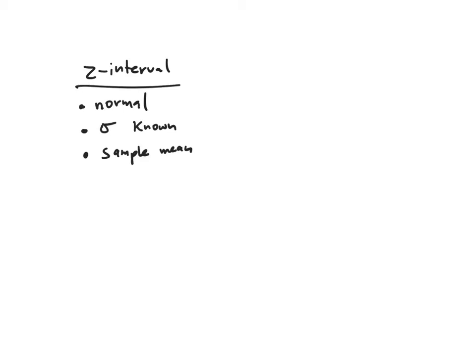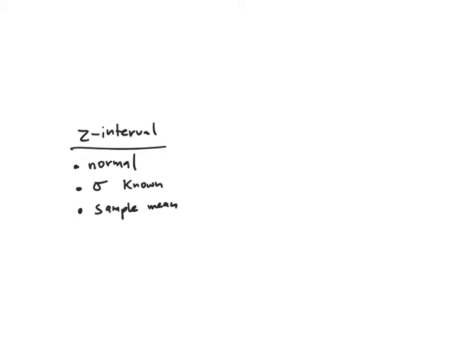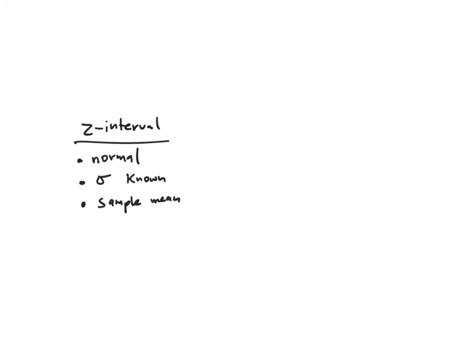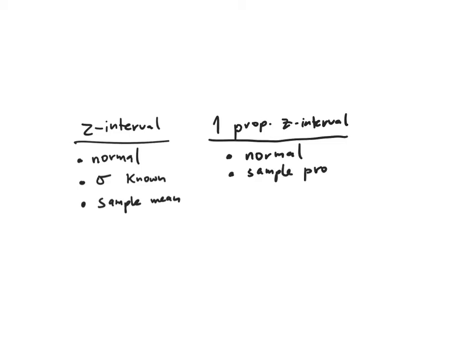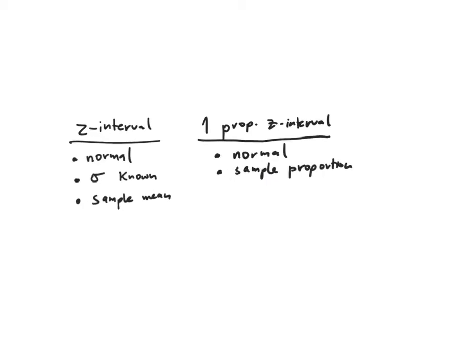Okay. The other one I mentioned was a one proportion Z interval. This one is usually normal, and we are dealing with a sample proportion.